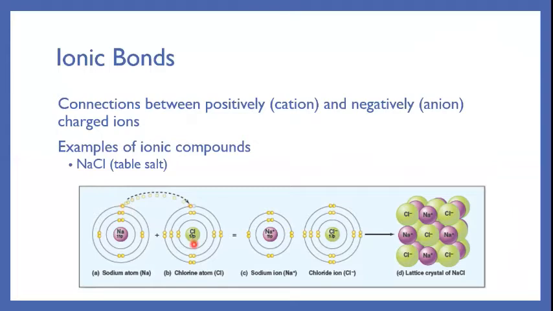Chlorine, on the other hand, has 17 protons, so it should have 17 electrons. That gives it an overall neutral charge.